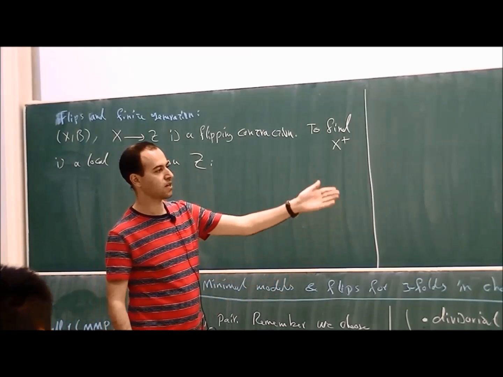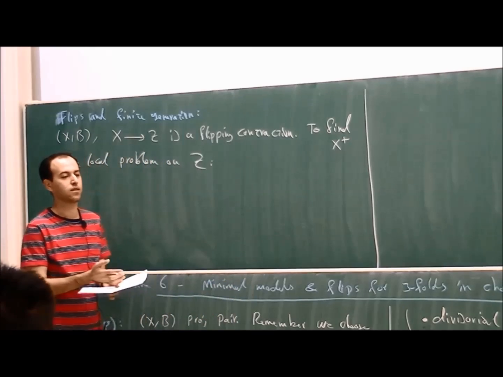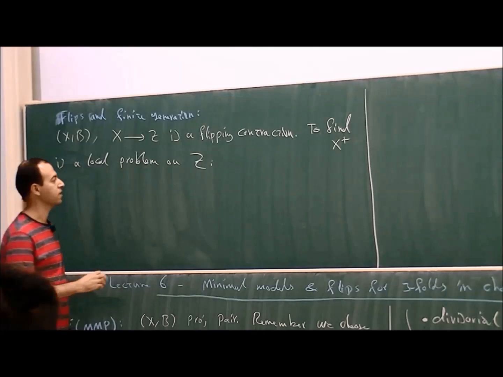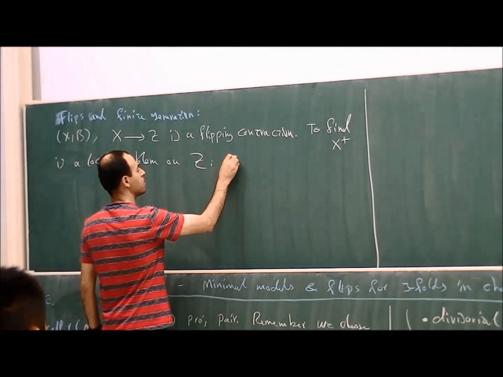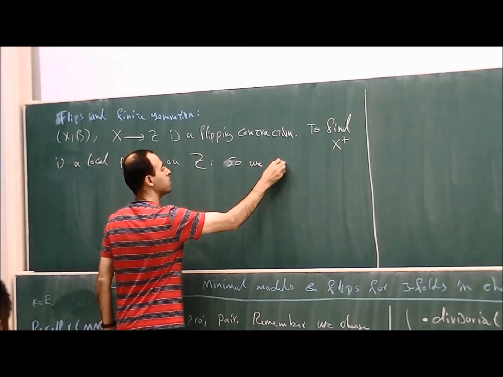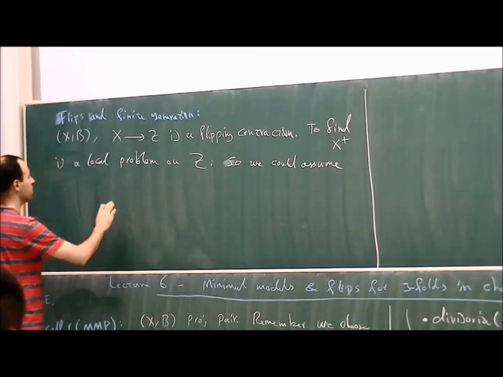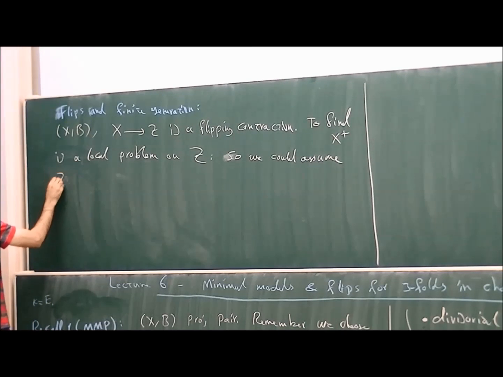The reason for that is because on the side of X plus we have an ampleness, and ampleness in a way is unique. So if you have it locally, you can just glue them together. Anyway, so we could assume that Z is affine. This is just to make the notation easy after a natural adjustment.